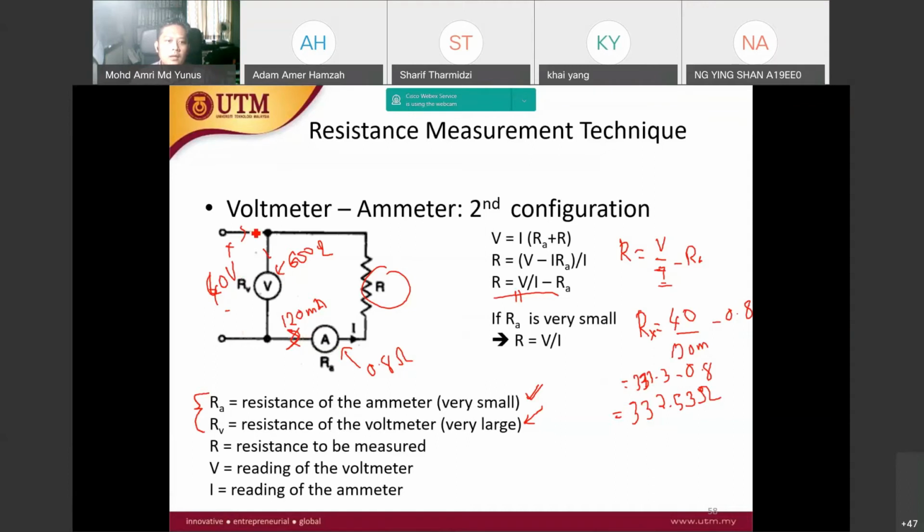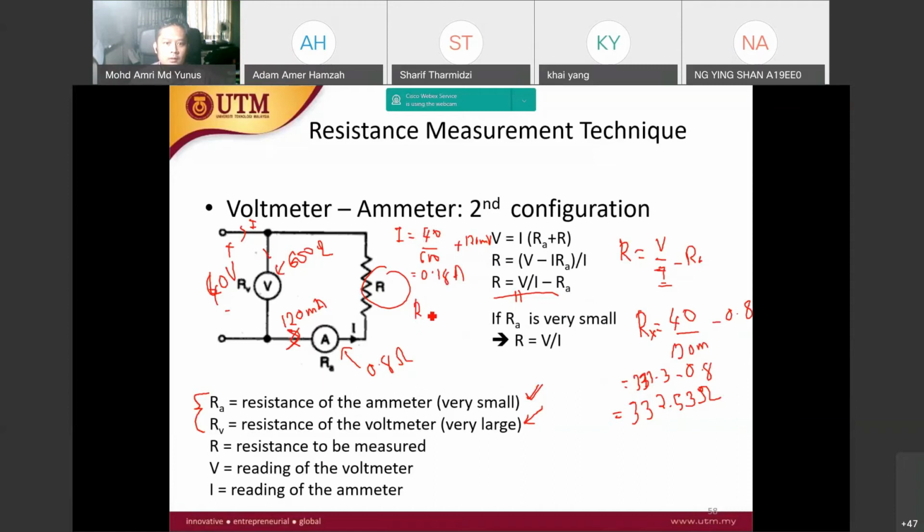So the I here is supposed to be 40 divided by 600 plus 120 milliamp. That is 40 divided by 600 plus 0.12, 0.18 ampere.